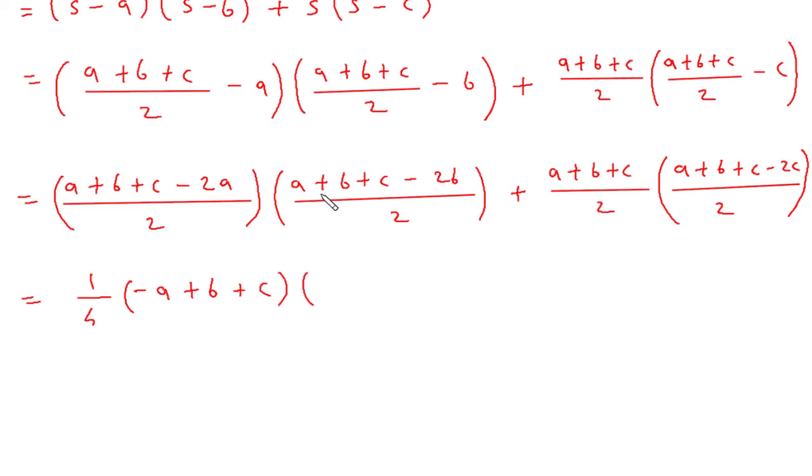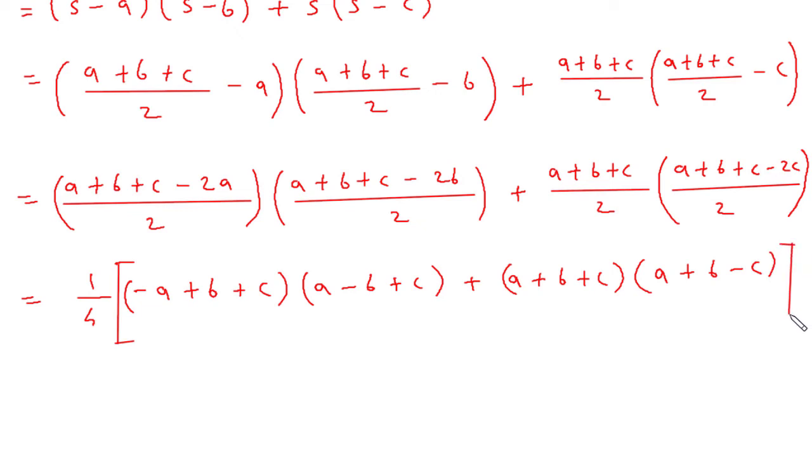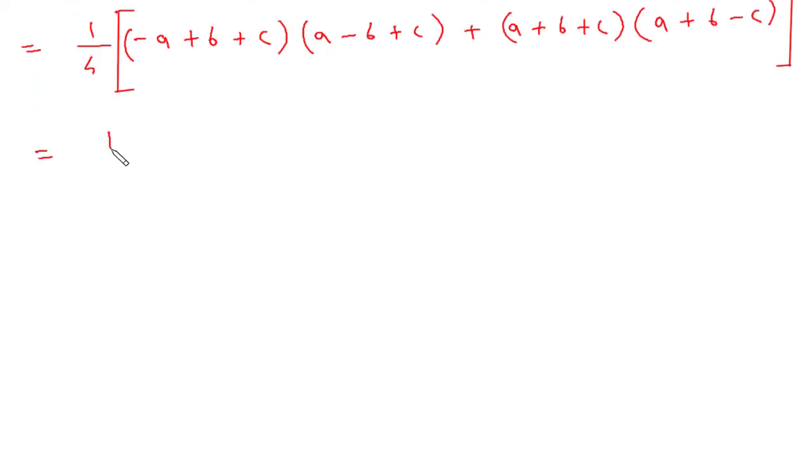This will be a minus b, b minus 2b will be minus b, then plus c, then plus this will be square bracket, then this will be a plus b plus c, and this will be a plus b, this will be c minus 2c will be minus c, square bracket completed. Now 1 by 4.